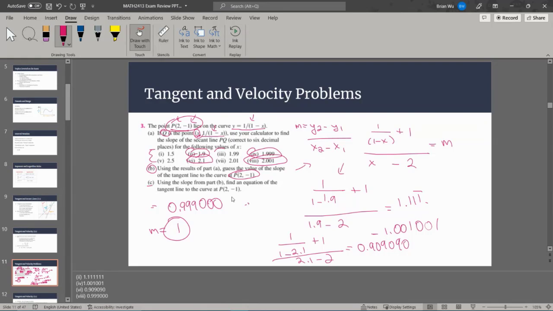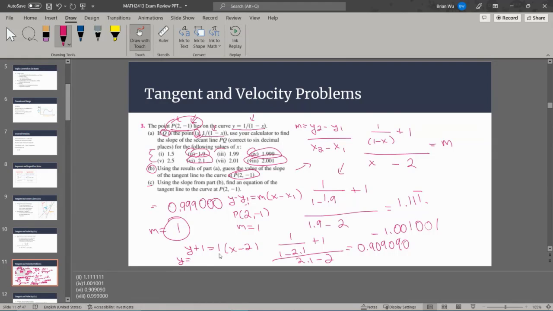For part C, they want you to use that line equation, which was y minus y1 is equal to m times x minus x1. We have that point P, and we know that P is equal to (2, -1). We also have the slope, which is equal to 1, which is what we estimated in part B. So we put that together and we have y minus negative 1, which turns into plus 1, times 1 times x minus 2.